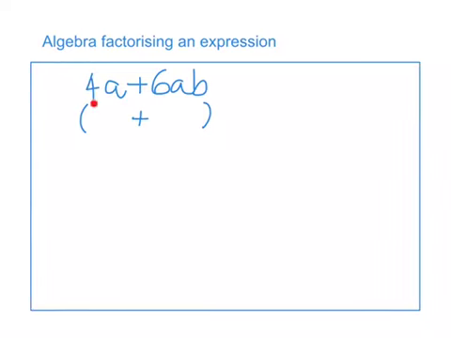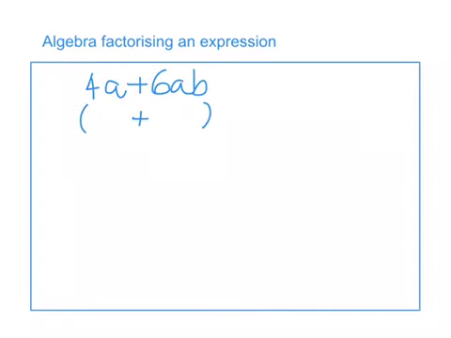Now, I know that I've got 4a and I've got 6ab. 4 and 6 are both even numbers, so I know that 2 will be a factor. I've also got an a here and an a here, so a is also a factor. So I can say, well, 2a is a common factor, because 2a is a factor of 4a and 2a is also a factor of 6ab.